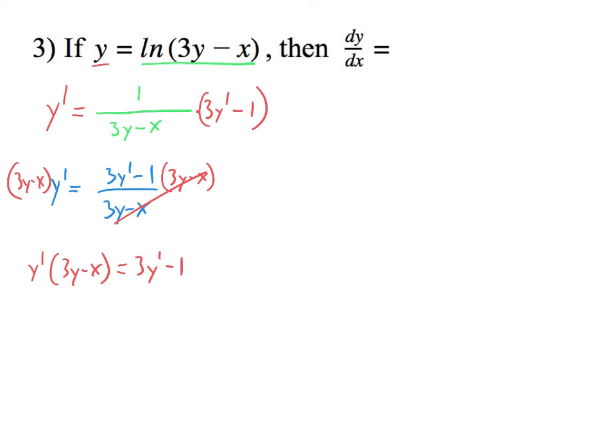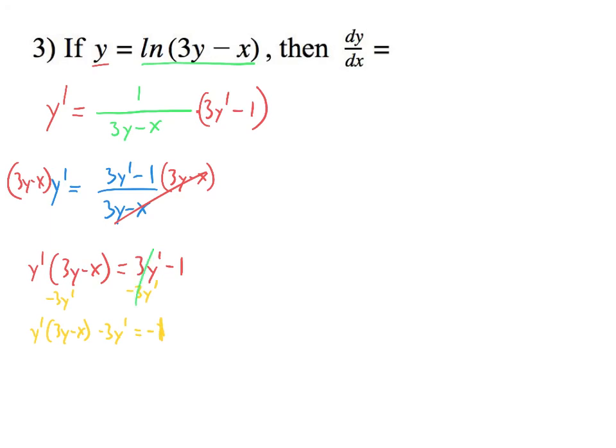Are we okay so far? All right. So what do we do next? Well, could we simply minus the 3y prime over? And I now have y prime times 3y minus x, minus 3y prime, equals negative 1.